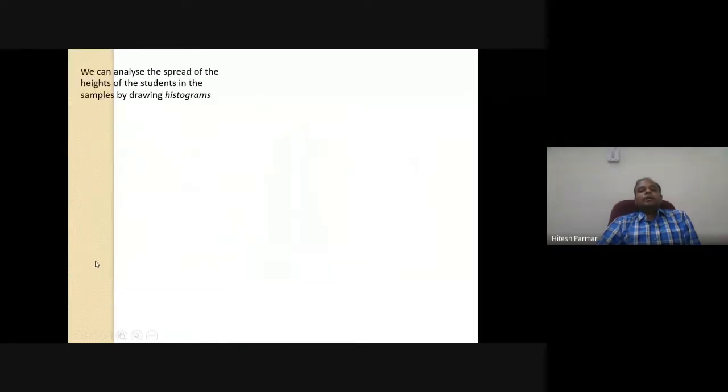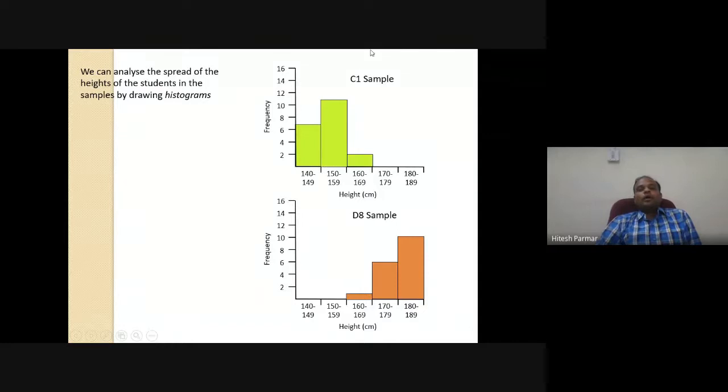So standard deviation we can analyze through histogram visually. Just look at these two pictures. The upper one has a range from 140 to 169, the lower one from 160 to 189. What is common in these two between 160 to 169? A very small portion is common.